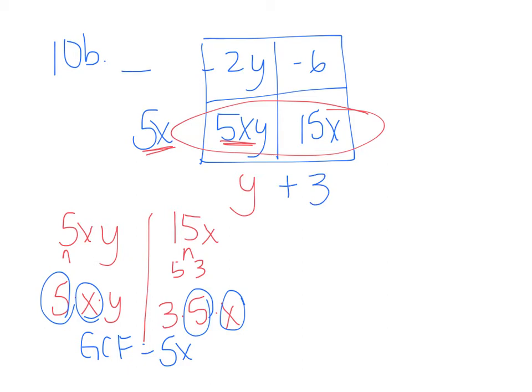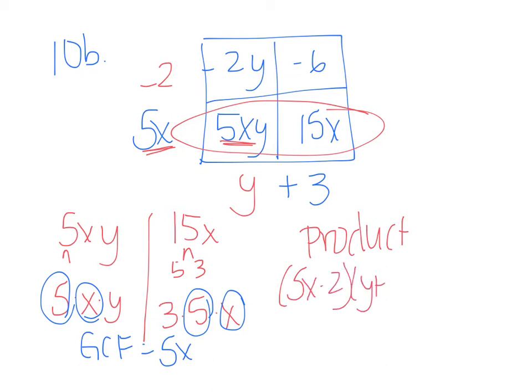And then the last part, what here multiplied by y is going to give me negative 2y, which is going to be a negative 2. So when we go to write this as a product, we're going to take whatever's on the side and the bottom. So we have 5x minus 2 times y plus 3. And that's going to be equal to the sum.